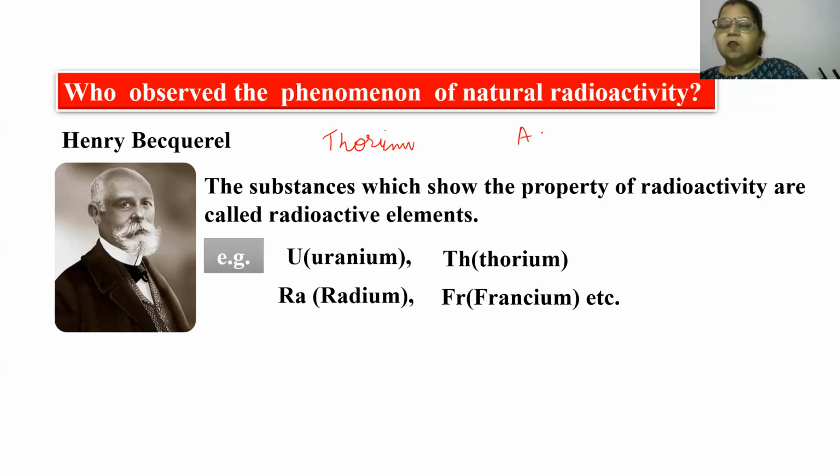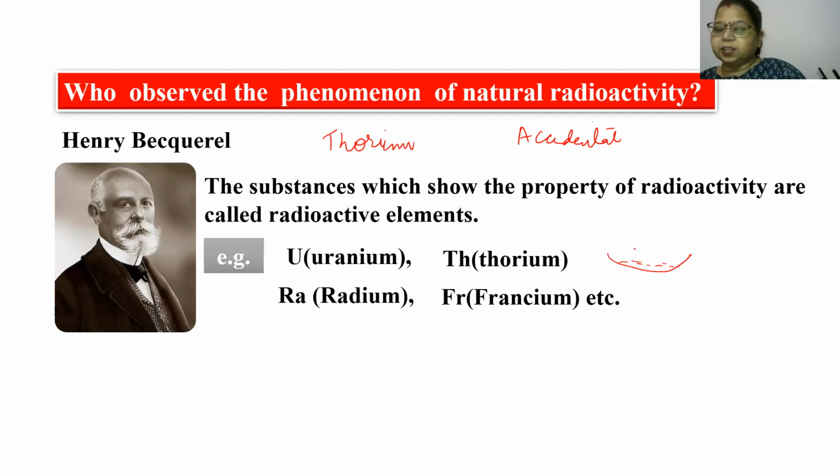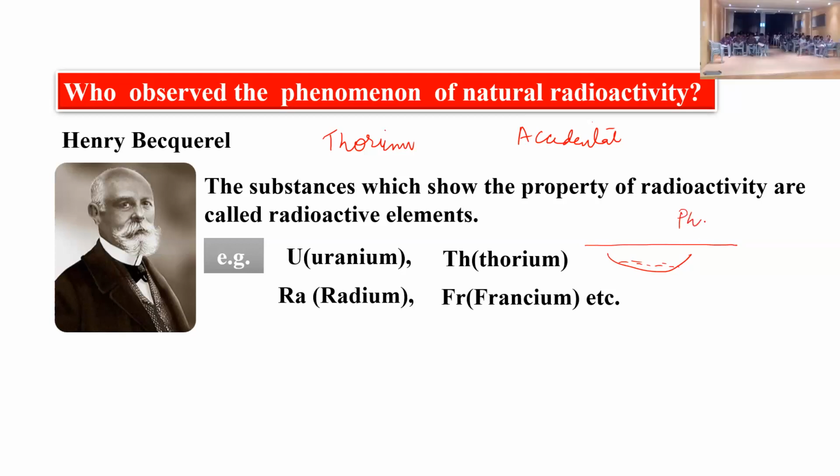This discovery was accidental. It was not a planned discovery. He left some thorium salt in his drawer. After he returned, he saw certain impressions on the photographic plate which he left over there. That is how he discovered radioactivity, right?